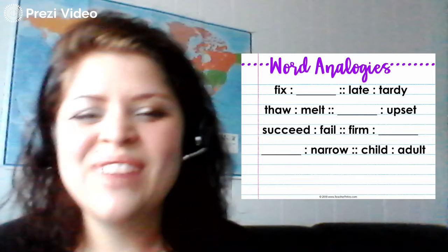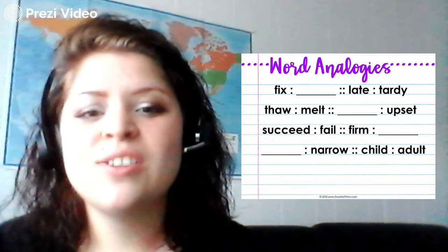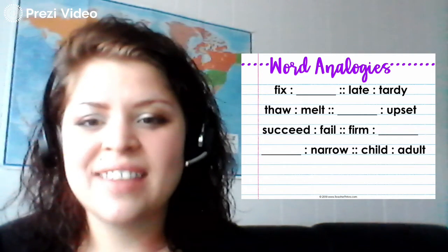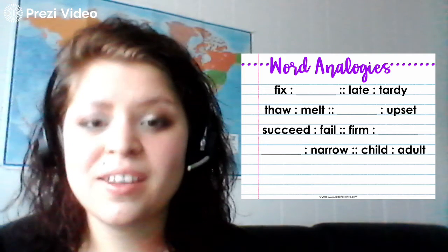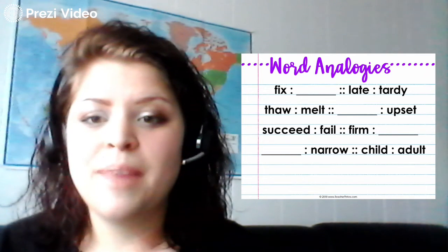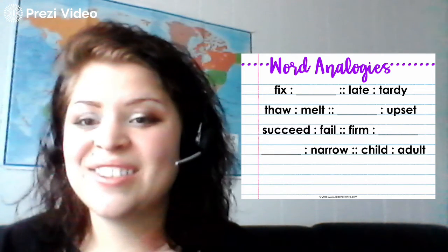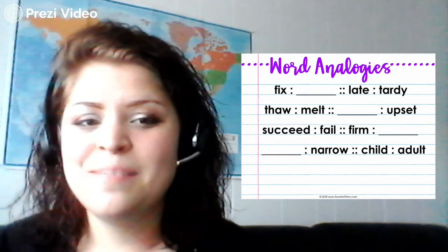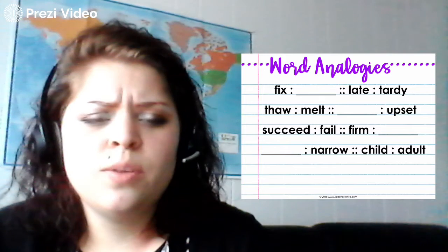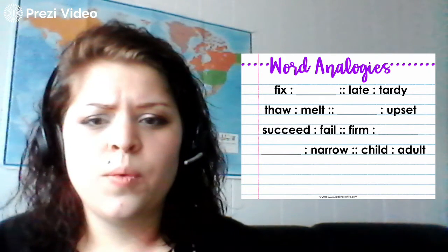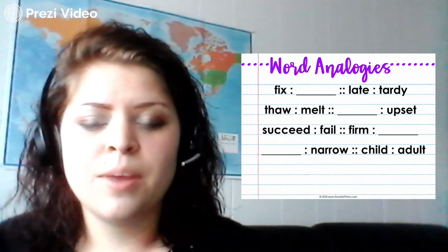Yeah, fix and repair. So fix is to repair, as late is to tardy. Thaw and melt. They're synonyms. Thaw is to melt, as what is to upset. So what's a synonym for upset?